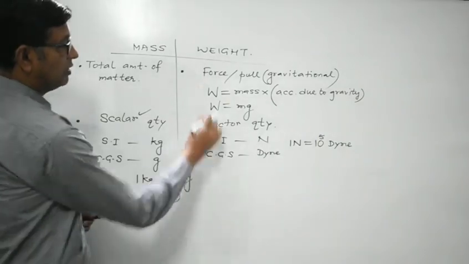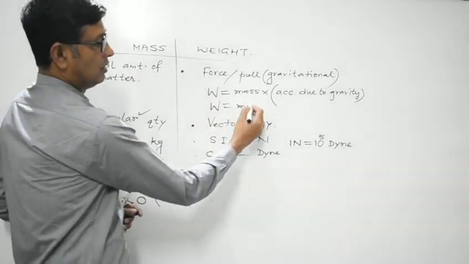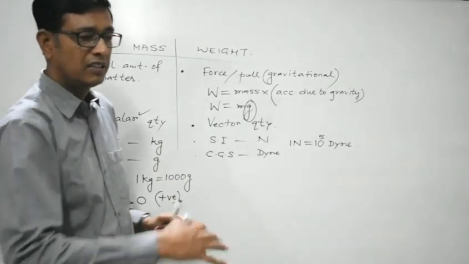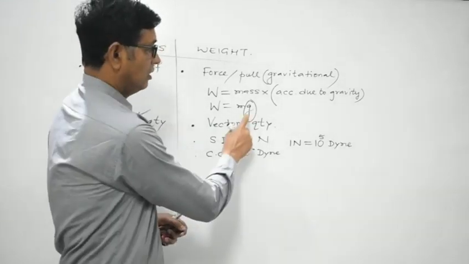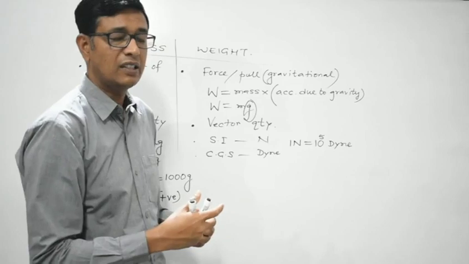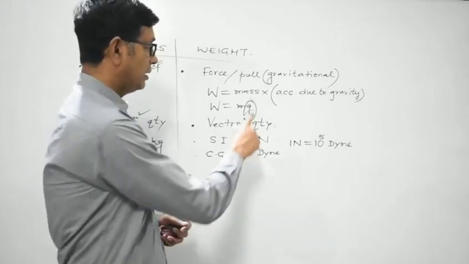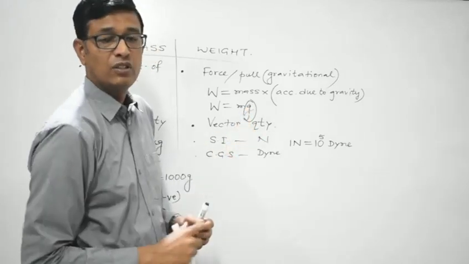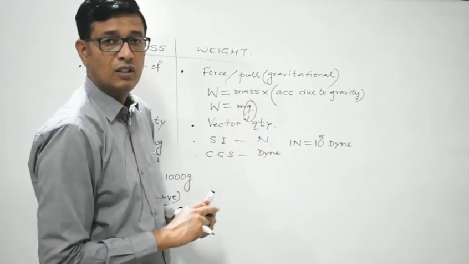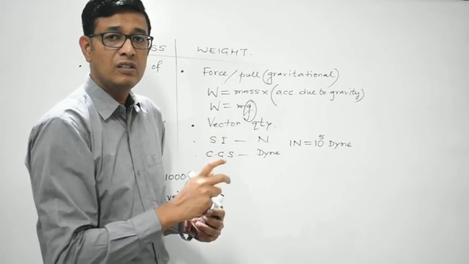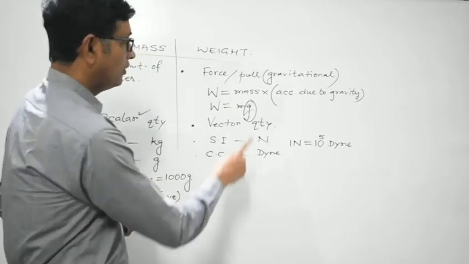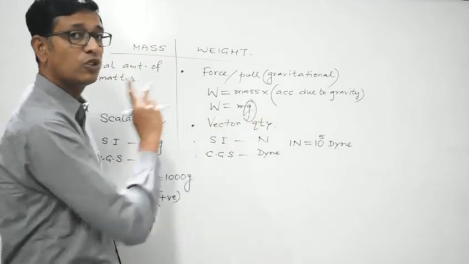While on the other hand, the weight of a body does depend upon acceleration due to gravity. In the subsequent chapters we will discuss how this value of g depends on various factors: altitude, depth, latitude, and the shape of the earth. So the value of g at different places is different. If the value of g varies, the weight of the body will also vary.